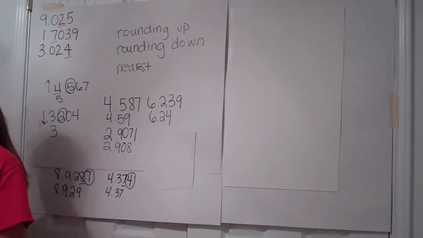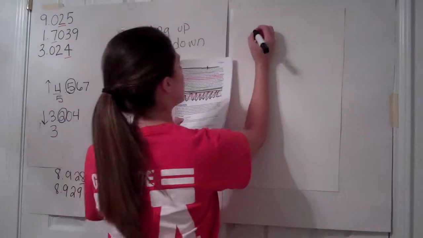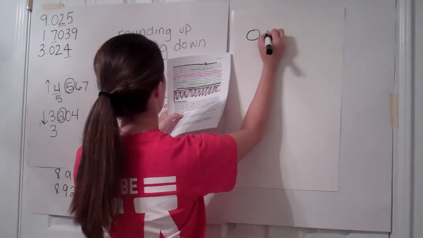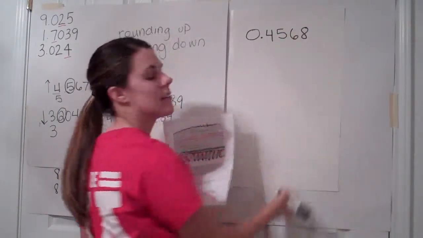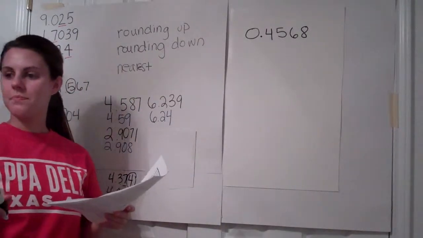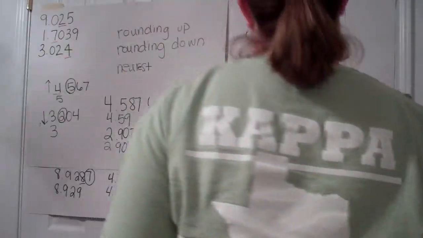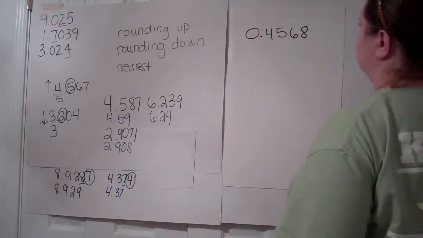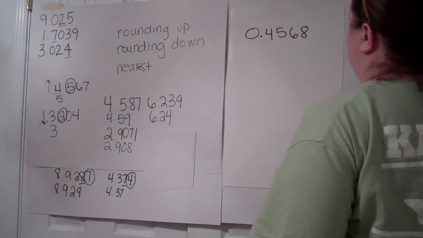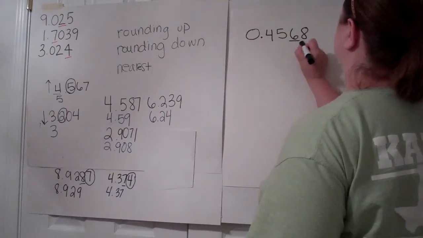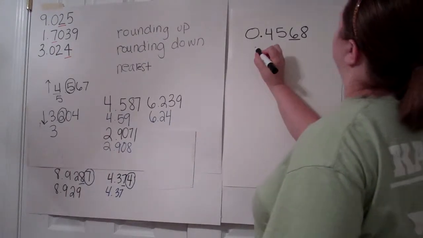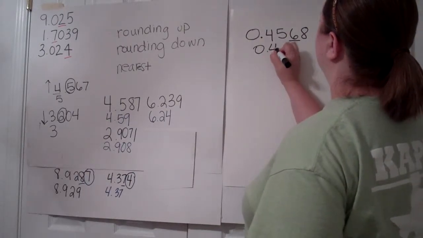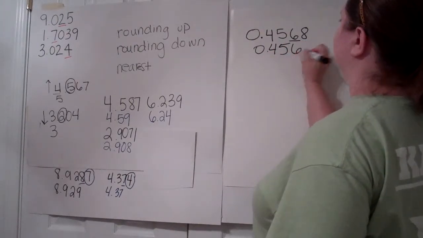So Abby, can you come up to the board, and I want you to round 0.4568. Okay, can you round down to the preceding thousandth, please? So you do 0.456.